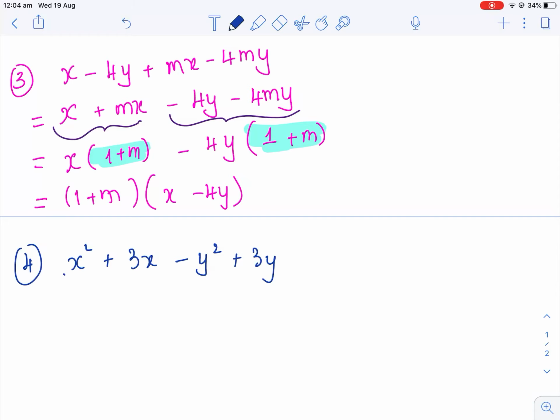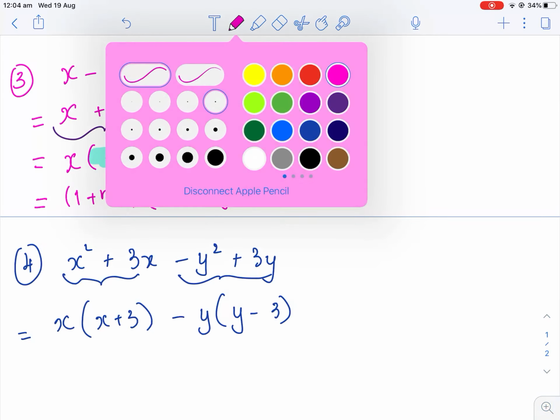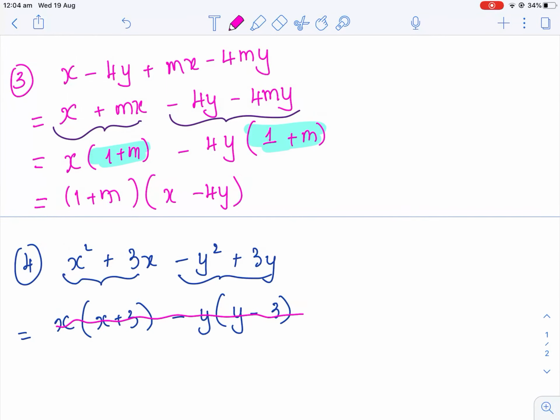So I just group them. Let's check if it works or not. So leave x outside and the inside is x plus 3. Leave negative y outside and the inside is y take away 3. Wow. So if I use the common factor, it really doesn't work for this question. All right, so we cross it out. We have to find a different way.